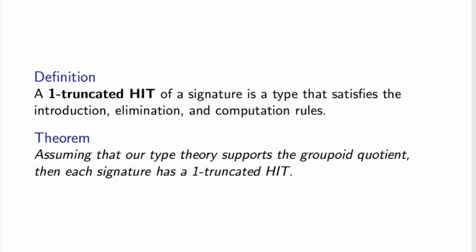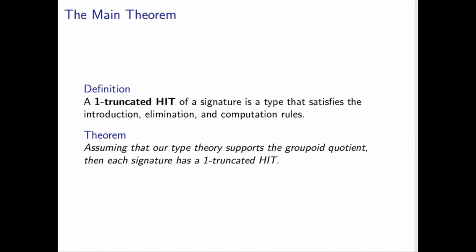For the introduction rule, you can just read that off the signature, and for the elimination and computation rules, you need to do a bit more work. Then, with this notion in place, we can formulate our main theorem. Assuming that our type theory supports the Groupoid quotient, then each signature has a one truncated higher inductive type.